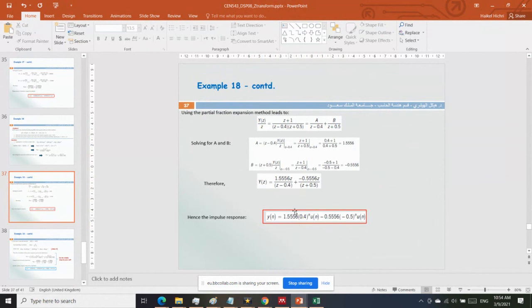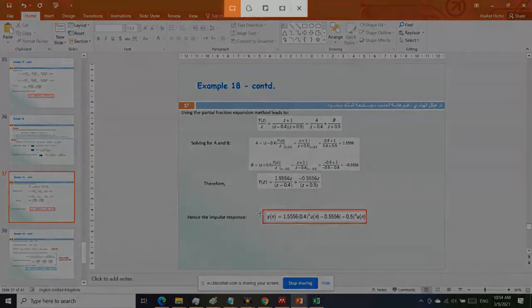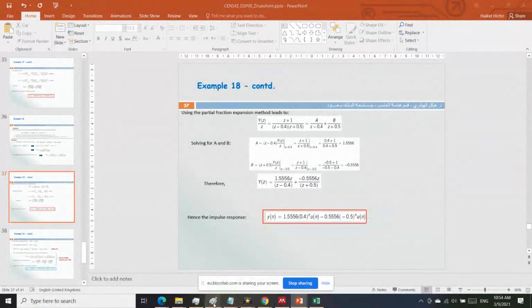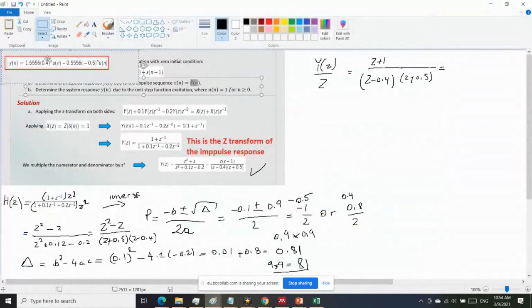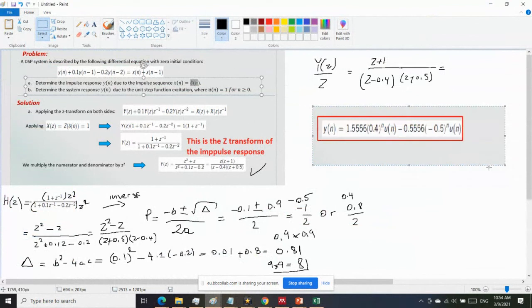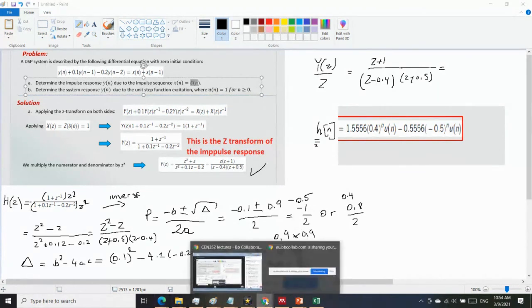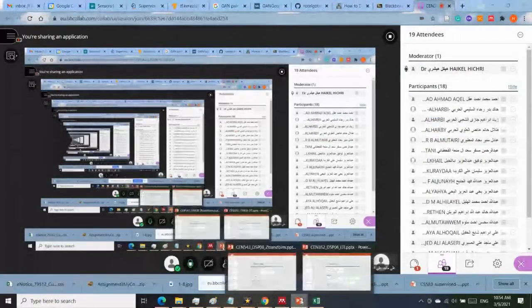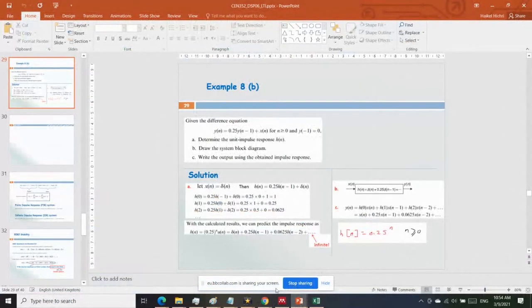So this is the impulse response h[n]. We are talking about the impulse response h. Okay, any questions? My time is up. But that's interesting.